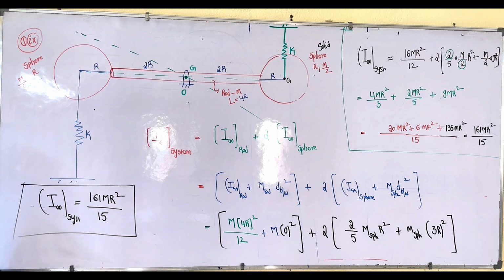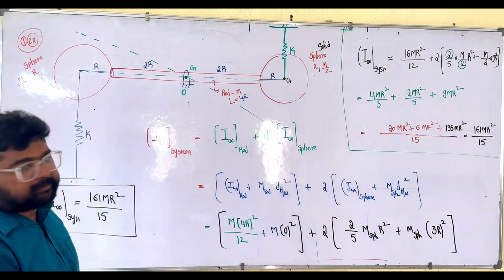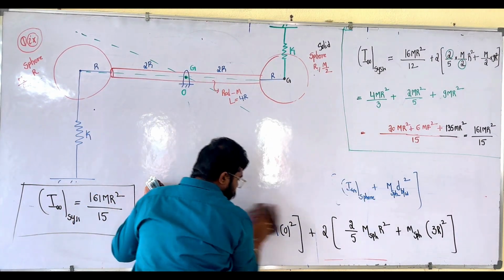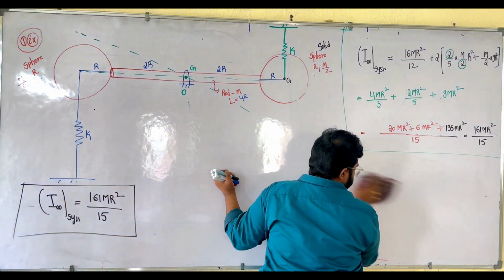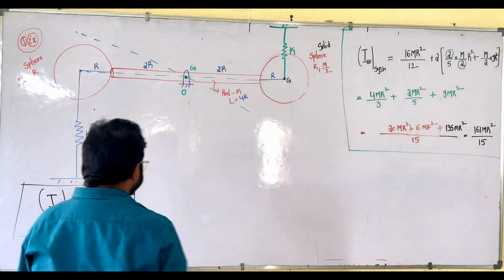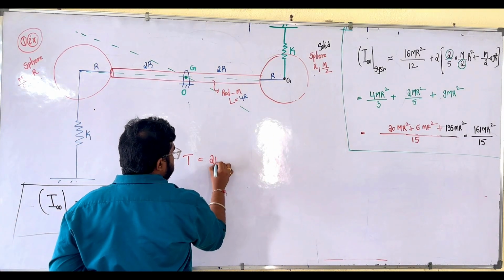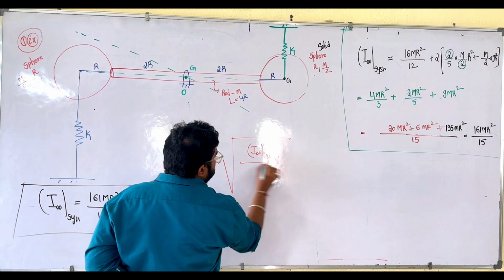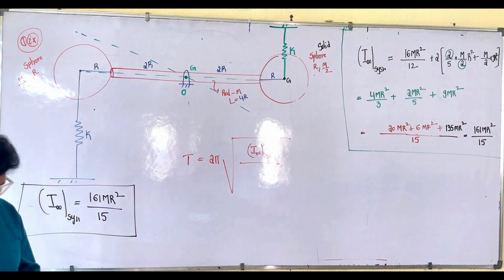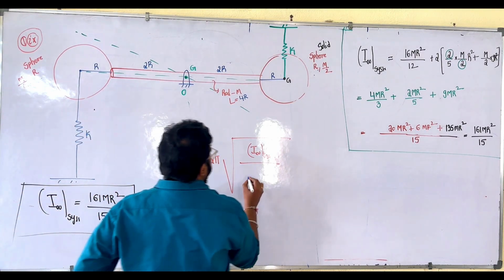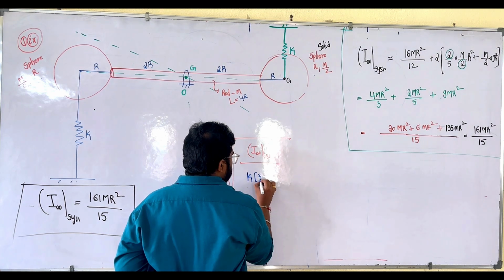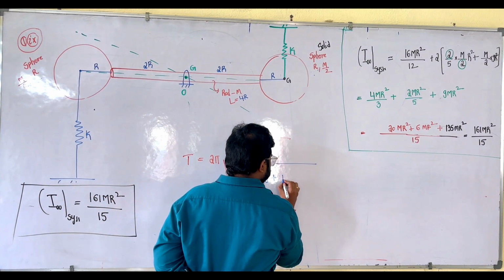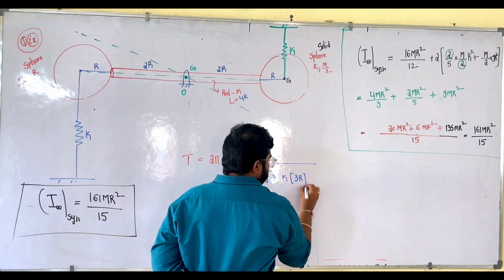Now tell me, what is the time period of oscillation? This part is completed. T equals 2 pi square root of IOO of the entire system by K into (r) whole squared plus K into (r) whole squared.